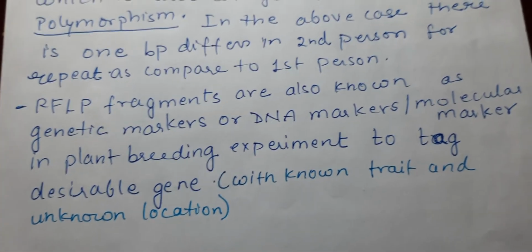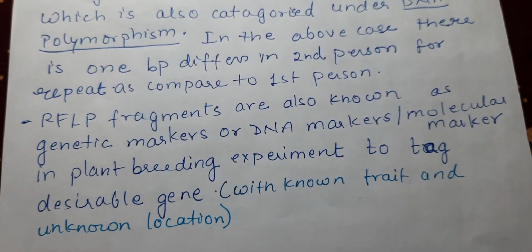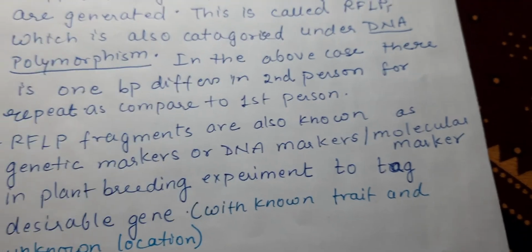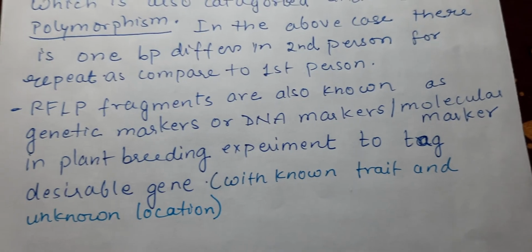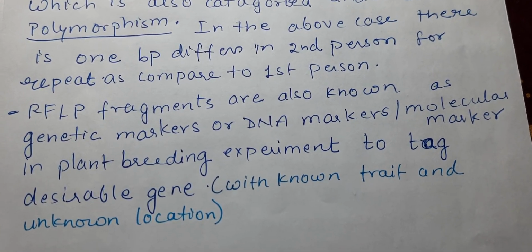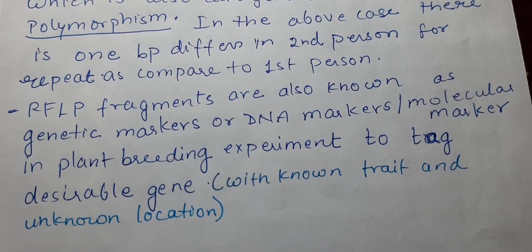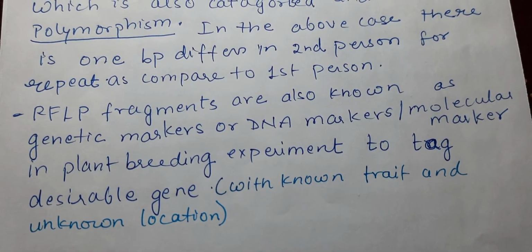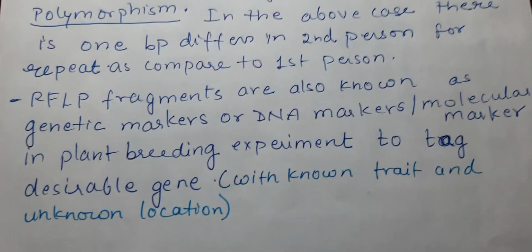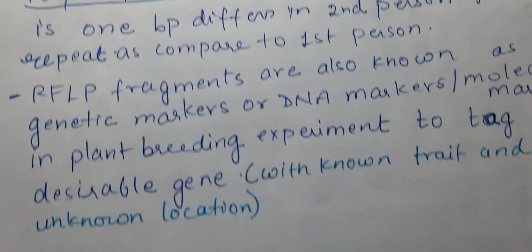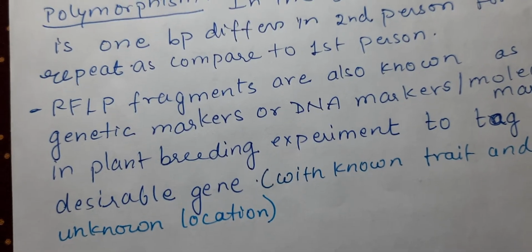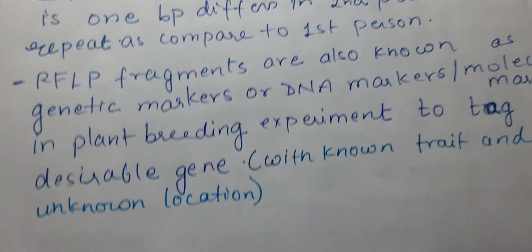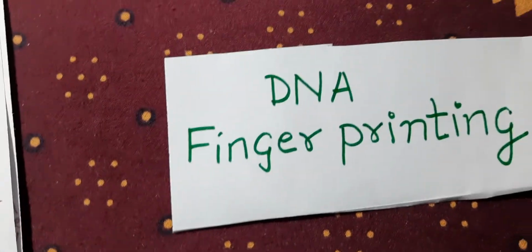RFLP fragment are also known as genetic markers or DNA marker. They are also known as molecular marker in plant breeding experiment, and they are used to tag the desirable gene. Now this desirable gene is with a known trait and unknown location. So RFLP, you can say the polymorphism is also utilized as the genetic markers.